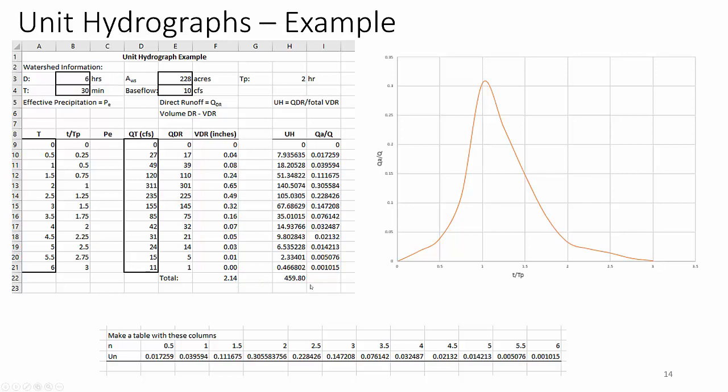Well, we have to divide all of this by 2.14 in order to get 1 inch. So we take the QDR, this information, divided by the total 2.14, and that gives you the amount of runoff you get from 1 inch of effective rainfall.